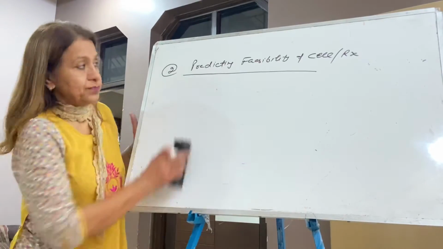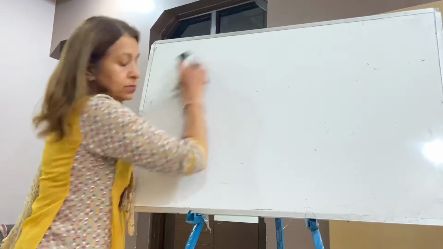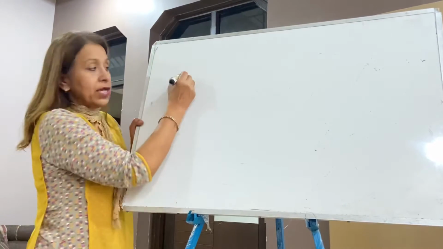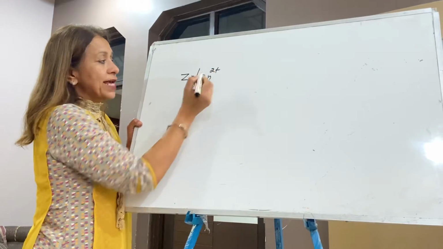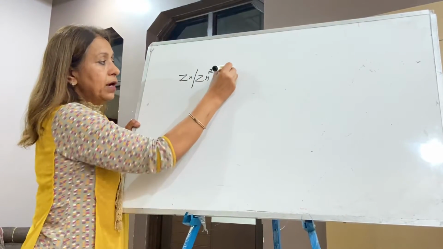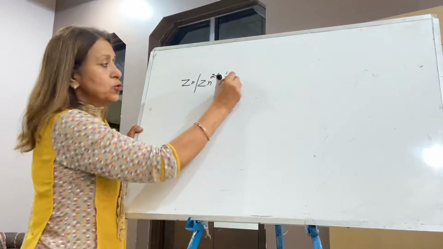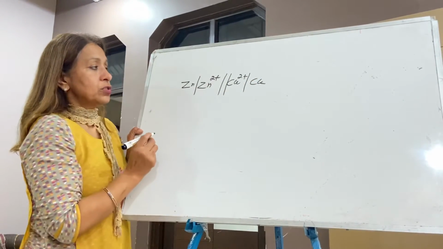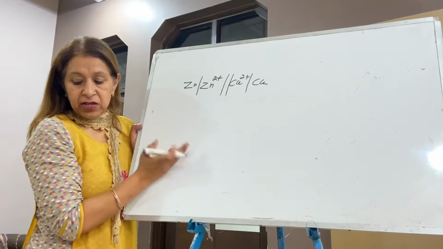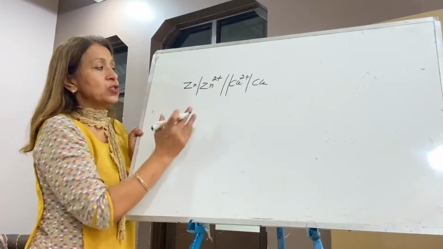It is your zinc, single arrow. Now the cell representation, the cell construction, is given. Double line. It is your copper 2+, single line, copper. The question is whether the cell is correct or not.